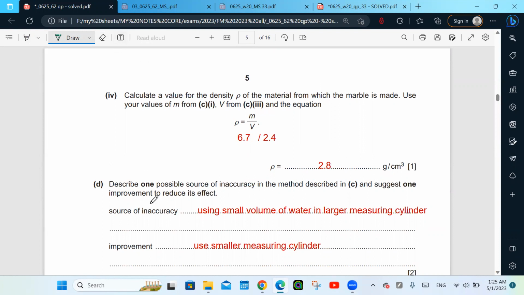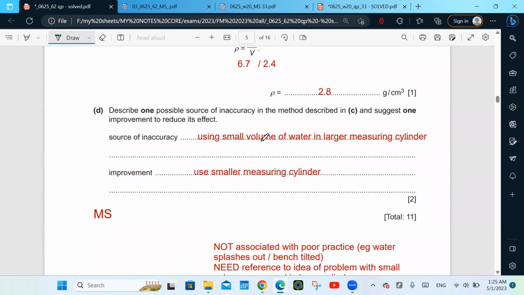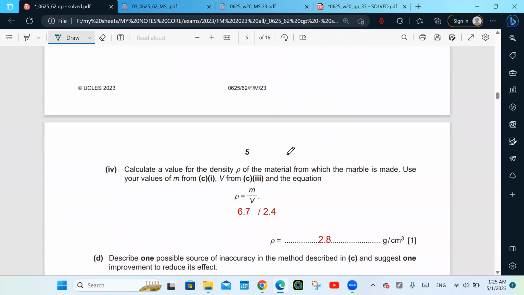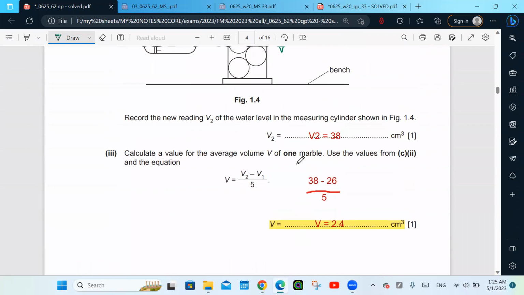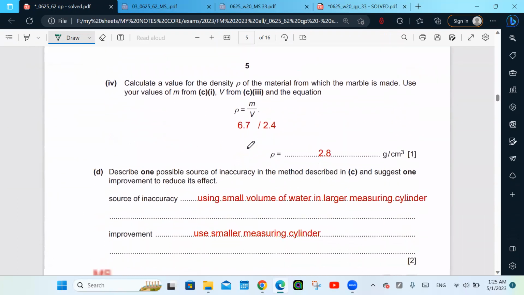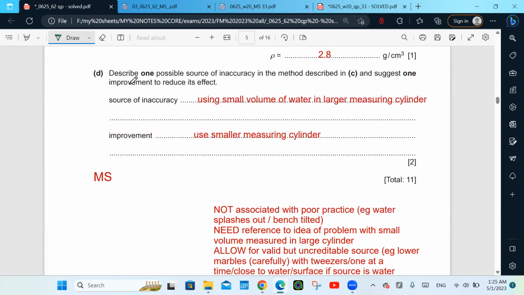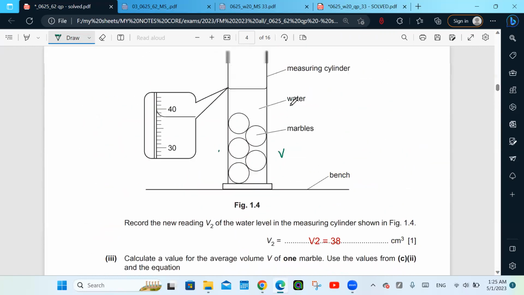Here we have another question, which is about the precautions that must be taken, or how we can increase the accuracy. What are the main sources of inaccuracy you may get in this experiment? I think it is the use of a larger measuring cylinder for a smaller volume of water. For example, here you have a smaller volume.